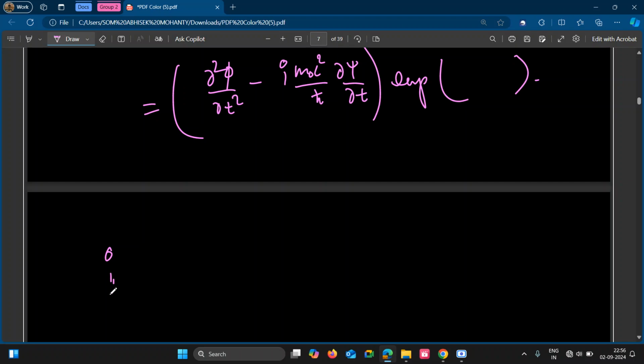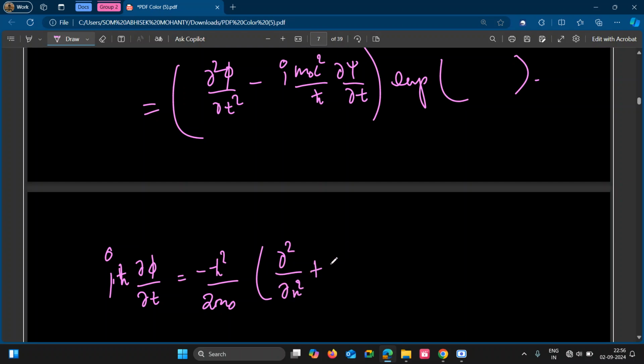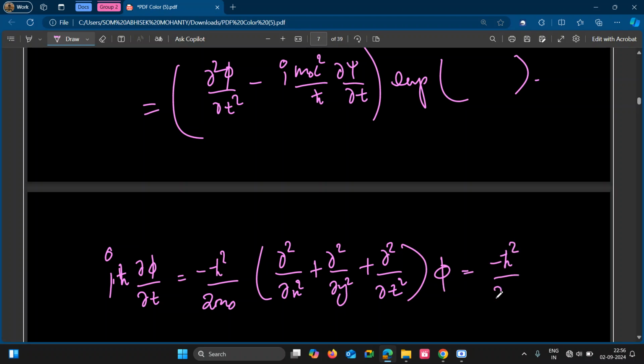At the end you will get something like i h cut del phi by del t equal to minus h cut square by 2 m naught times del square by del x square plus del square by del y square plus del square by del z square acting on phi, which is minus h cut square by 2 m naught del square phi.